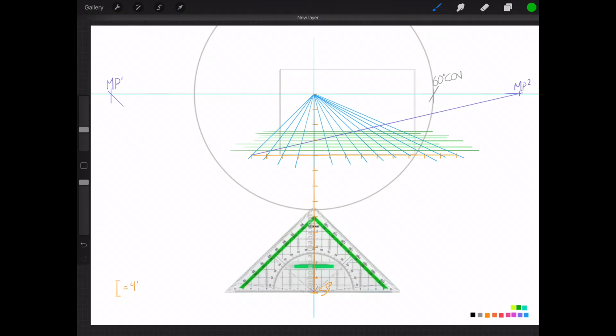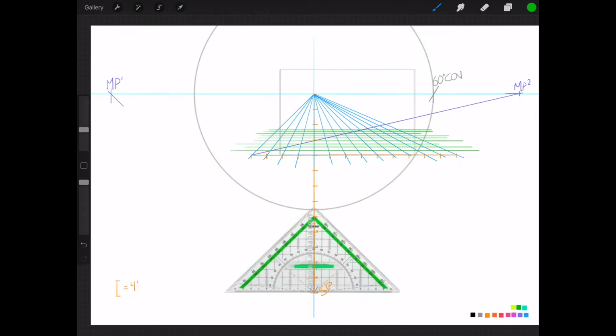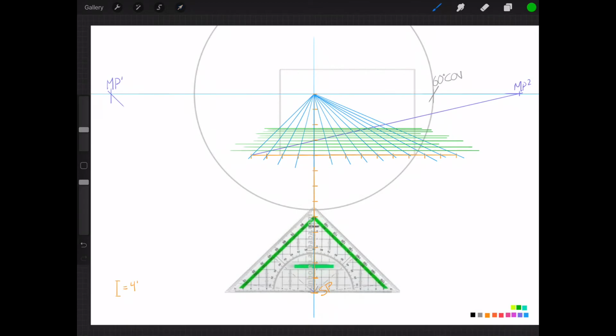So if 60-degree cone of vision is standard, then chances are the best images that we can create are going to be close to the subject matter that we're trying to create. And given that, 4 units or 4 feet per unit seems to be a good number.